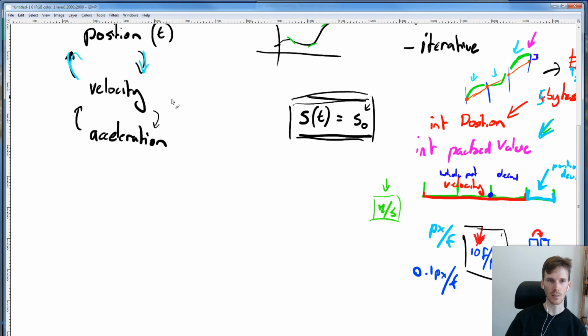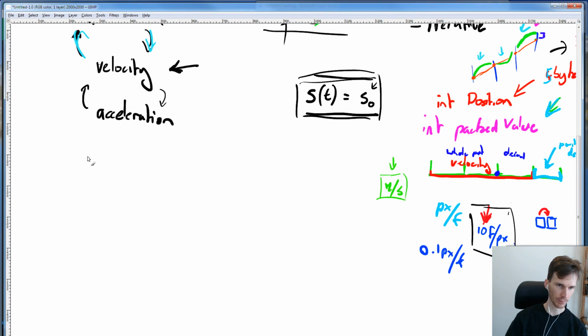So let's now say we want to start adding in this thing, and this is where we start doing some integration. So let's say we have an initial velocity, or we have a fixed velocity, and we're going to say velocity at time t equals, and I'm going to use again the traditional physics symbol for this, u.